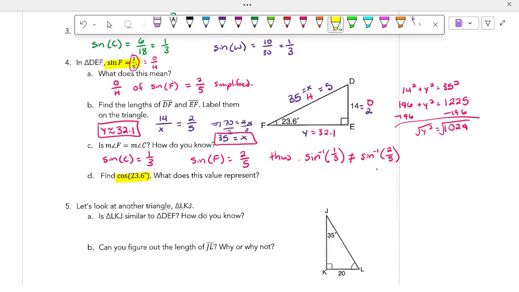So what'd you get to 2 decimal places? It's what? 0.92. Now, what does that value represent?